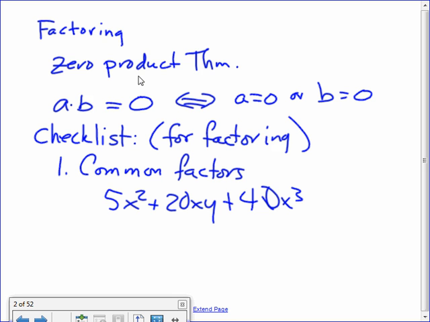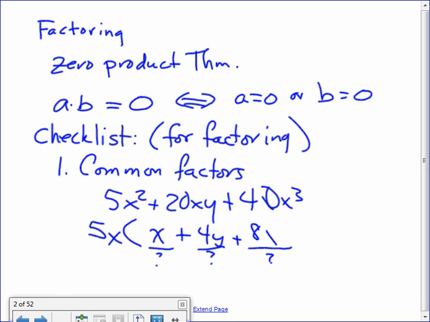So if we take out the 5x, we can say to ourselves, 5x times what gives us 5x squared? Well, the answer, x. Plus 5x times what gives us 20xy? 4y. And 5x times what gives us 40x cubed? That would be 8x squared. And so we end up with 5x times x plus 4y plus 8x squared.